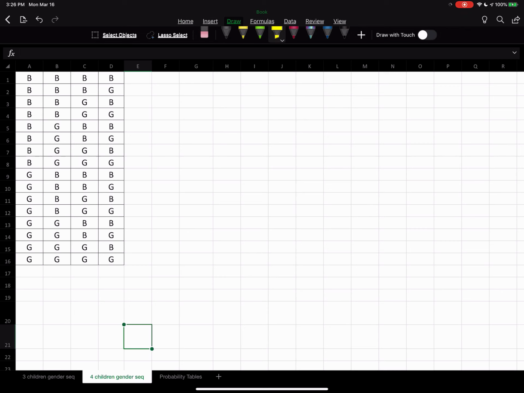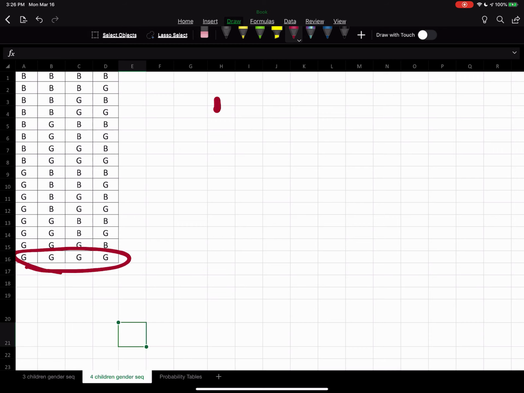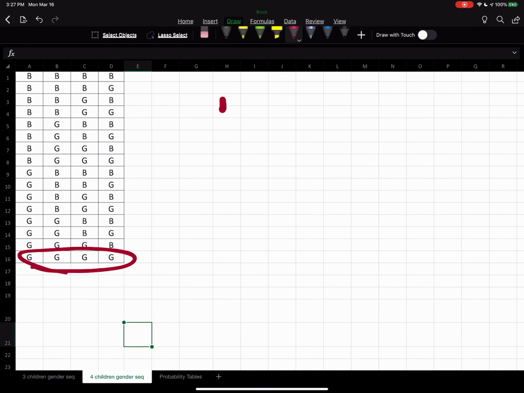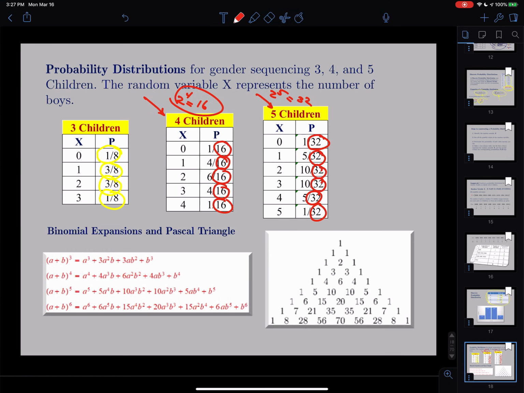Let me draw this. How many of these have 0 boys in them? Only 1. How many of them have 1 boy in them? And then you could just count, this is 1 of them, 2 of them, so that you can count. And this is how these numbers are being created: the 1, the 4, the 6, the 4, the 1. I know it's a long way to do it, but that's the fundamental way to do it.